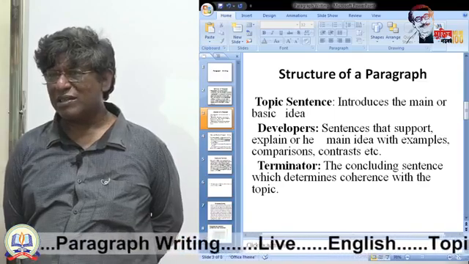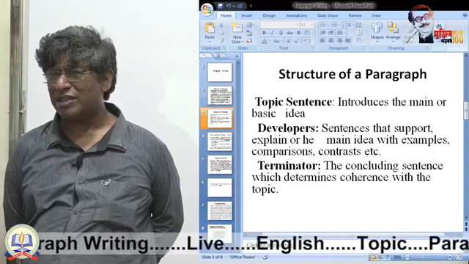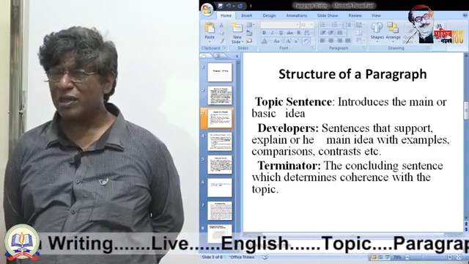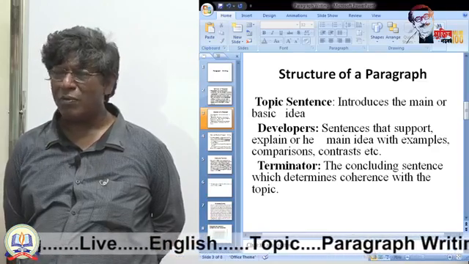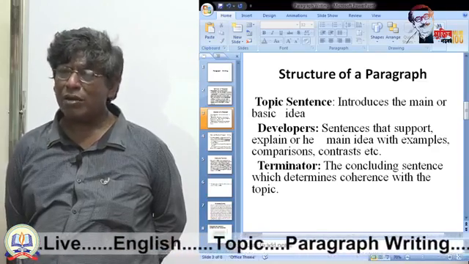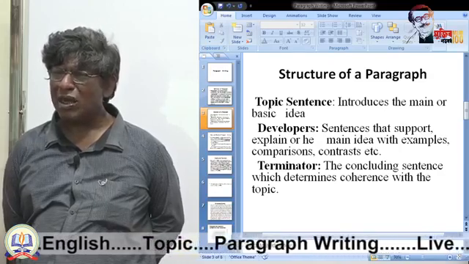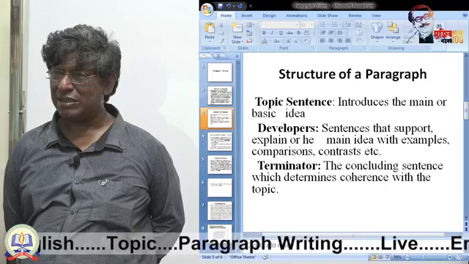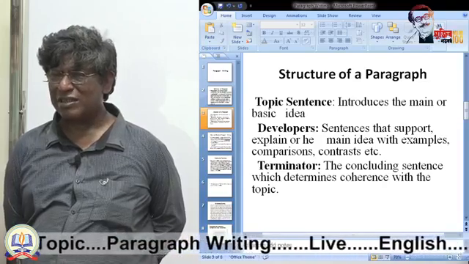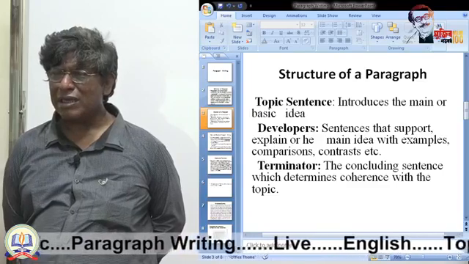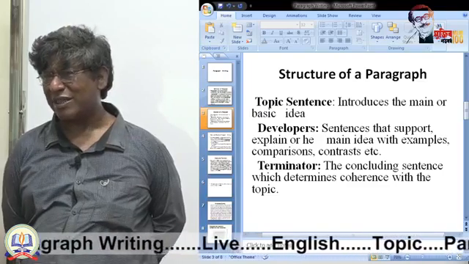During the 1990s, I really enjoyed watching Friends on television. Friends, here you see the word Friends is italicized, that is, it is the name of the title of a television program which was published every Thursday night. I really wanted Rachel's haircut. I think every girl wanted Rachel's haircut back then.